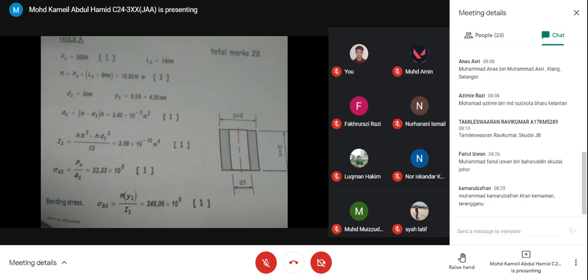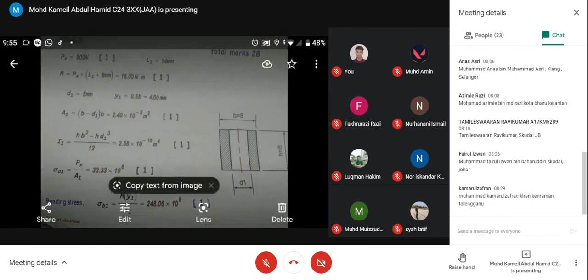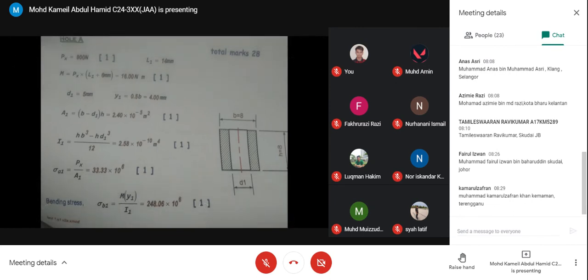Tengok. PX is 800 Newton. Okay, itu given, PX 800 Newton. Kemudian kita moment ni kat mana ni? Moment PX kali dengan L1 plus 6 mm. Okay, moment dia, hole A.